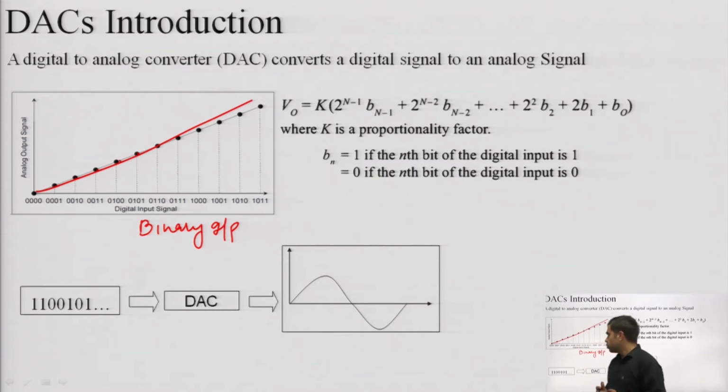Okay, so this digital to analog conversion can be simply understood as, if we are able to perform binary to decimal conversion with the help of a circuit, then it can be related with digital to analog conversion.